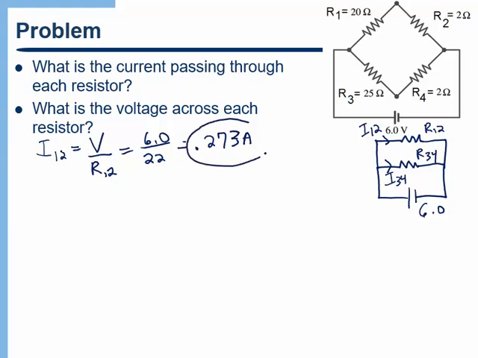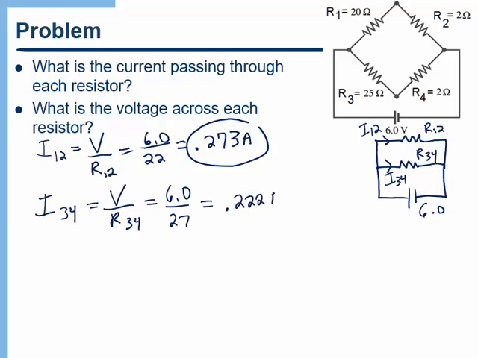Now again, I'm keeping that extra sig fig just so I can see how things work out. Okay, let me do the current through I34. So that's R34 dividing into the voltage, so 6 over 27. And what I get for that is 0.222 amps.